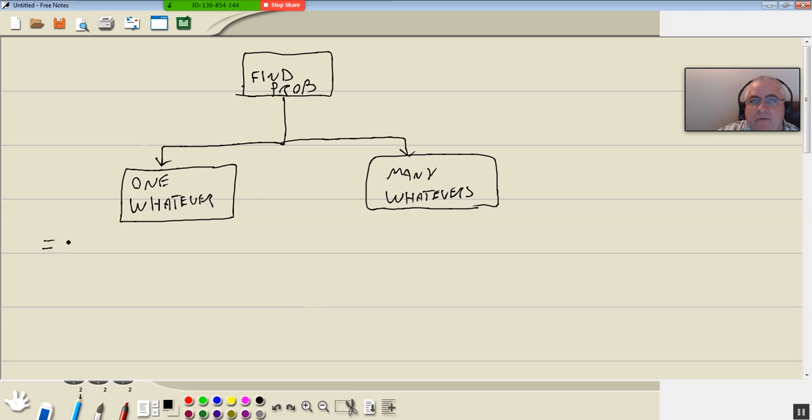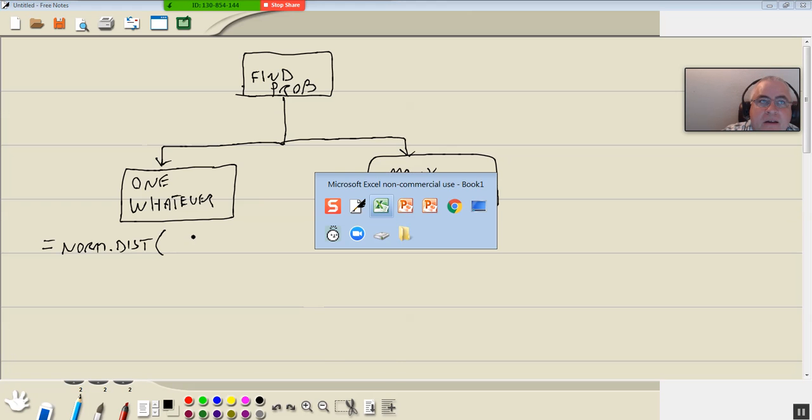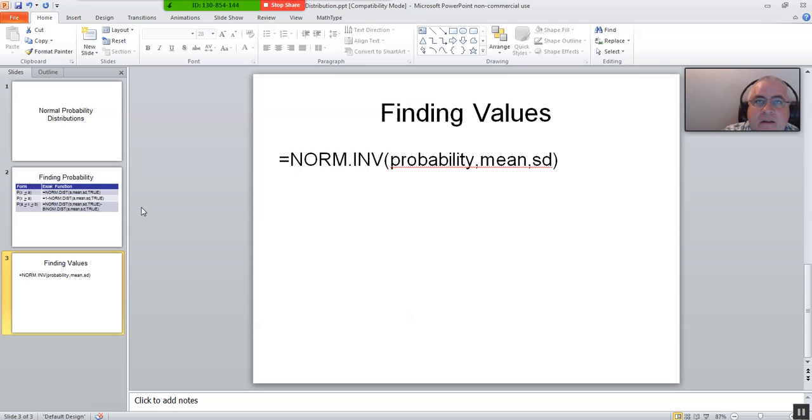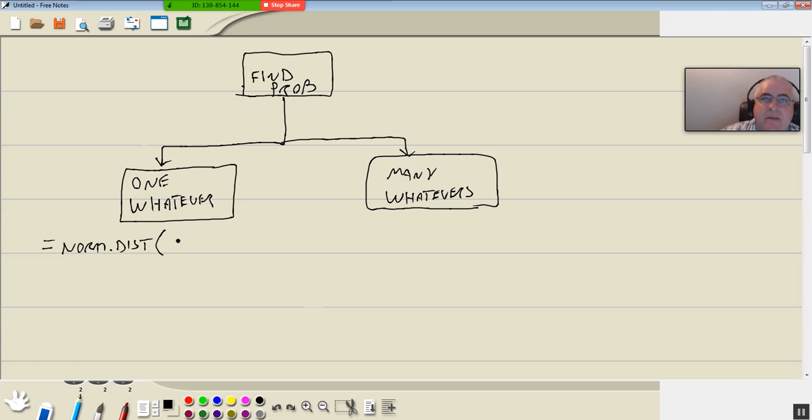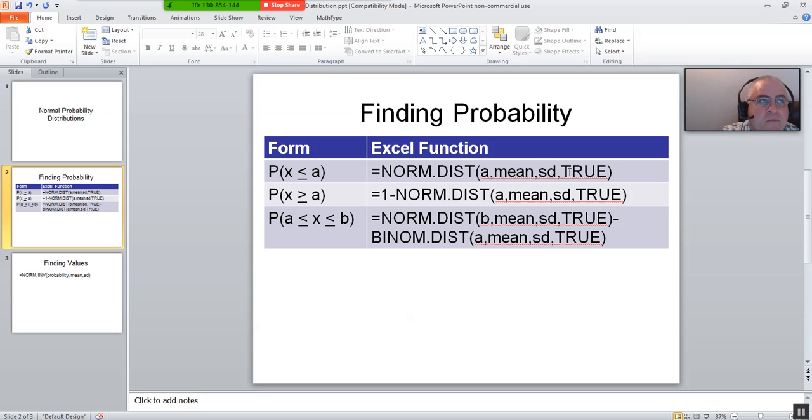Now, if we're talking about 1 whatever, then we're going to use norm dist, and this is based upon our tables back here. And I'll just put down this case here.